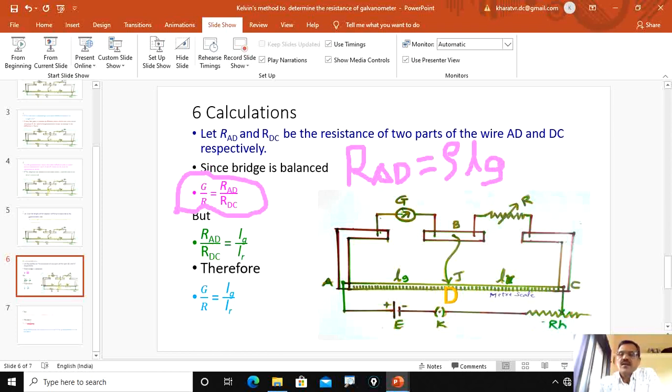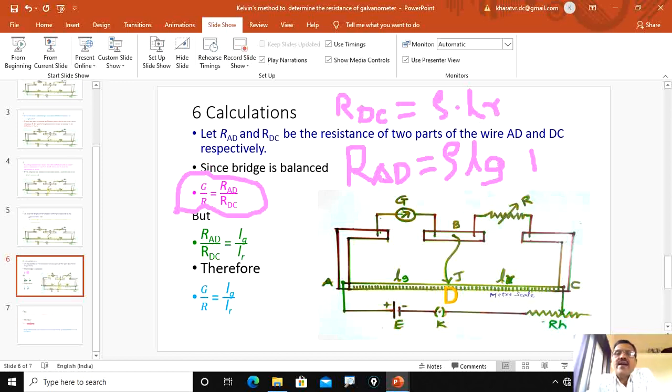Similarly, the resistance of this segment CD, let's write here RDC, will be rho into LR.